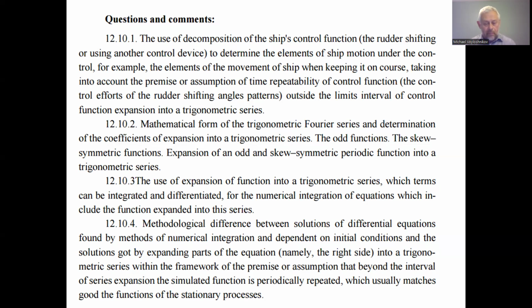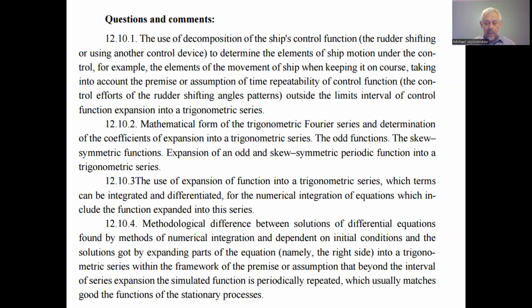12.10.4, methodological difference between solutions of differential equations found by methods of numerical integration, which are dependent on initial conditions, and the solutions found by expanding parts of the equation, namely the right side, into a trigonometric series, within the framework of the premise or assumption that beyond the interval of series expansion, the simulated function is periodically repeated, which usually matches well the functions for stationary processes.